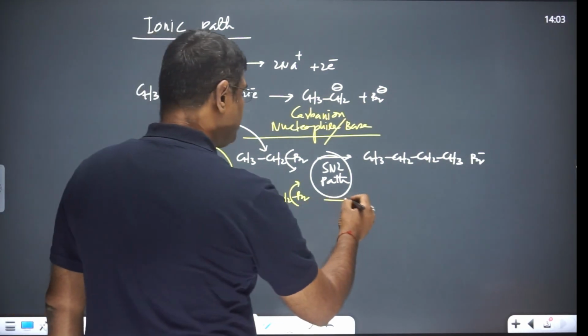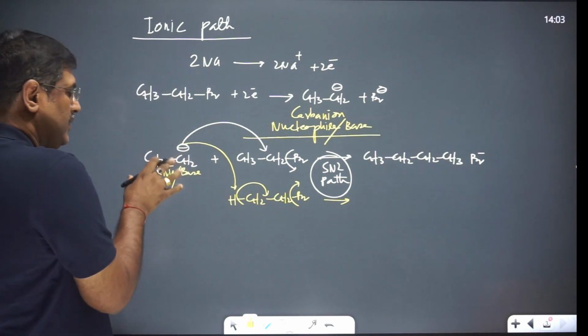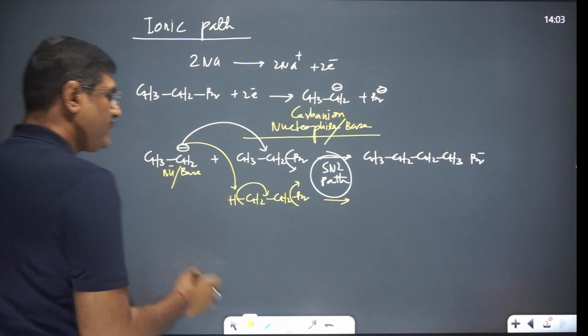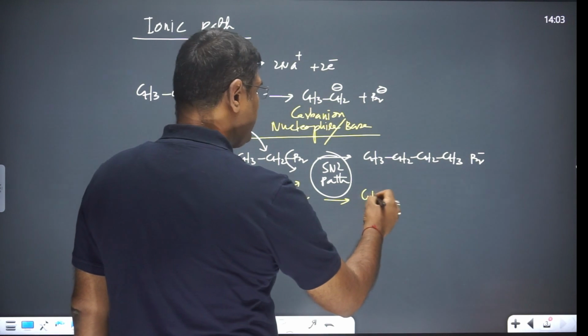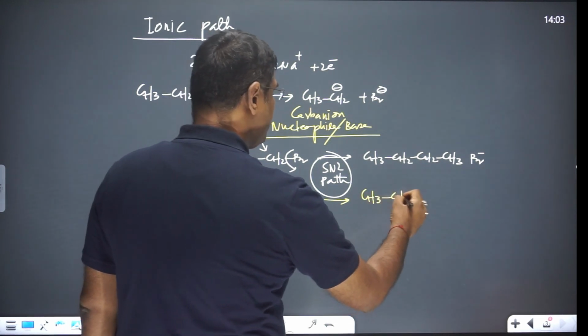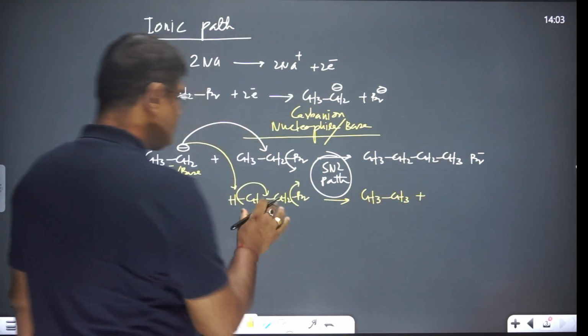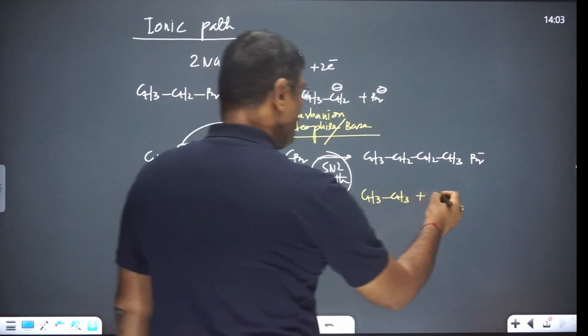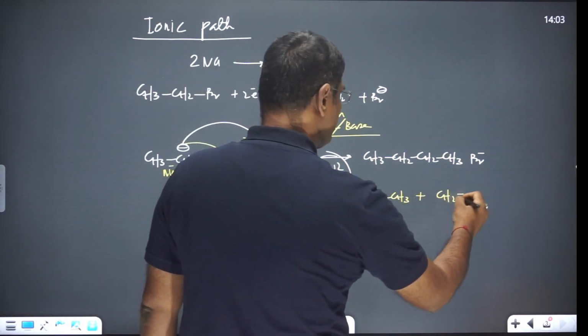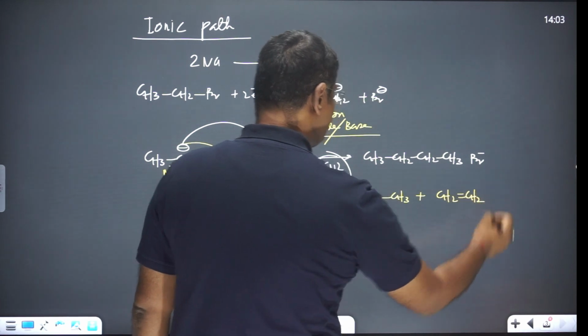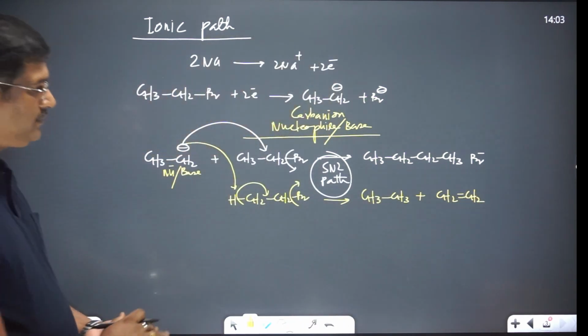As a result, this carbanion, which is pulling this hydrogen, is getting reduced, and we write here CH3CH3, and this one is getting oxidized. Now we write here CH2=CH2.